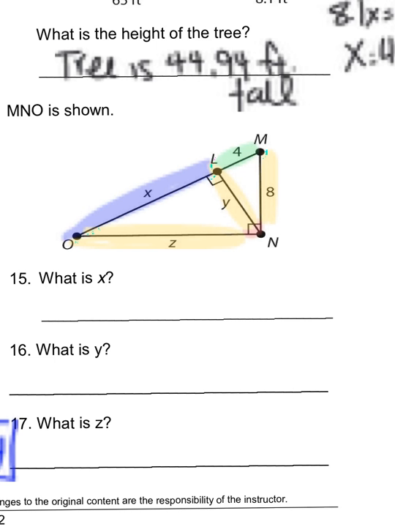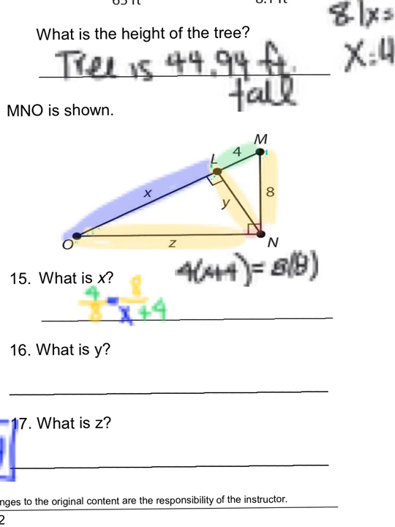And I also have to use the entire length of my hypotenuse, which is OM, which will end up being x plus 4. So your setup should look like this: my two means, which is my 8, and the one that's closest to the 8, which is the 4, is my extreme, and the entire length, which would be the x plus the 4. Now I need to cross multiply.